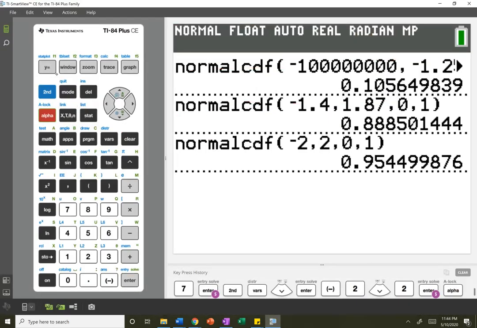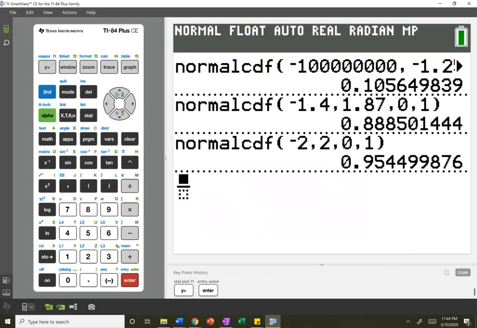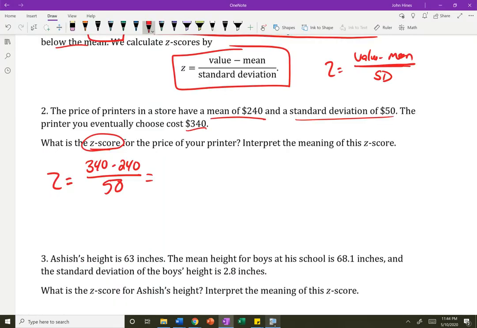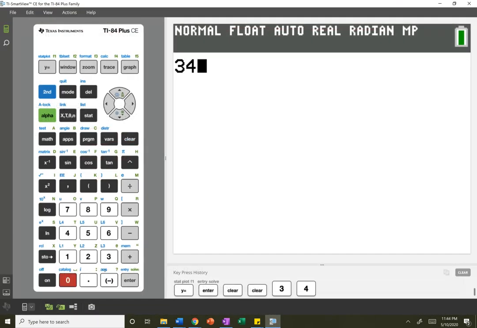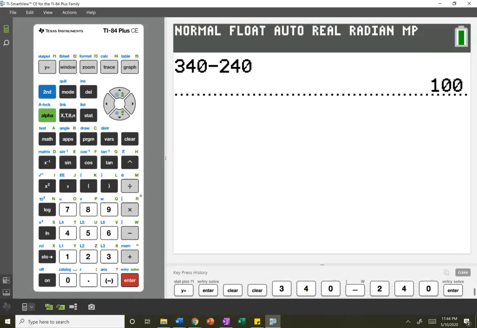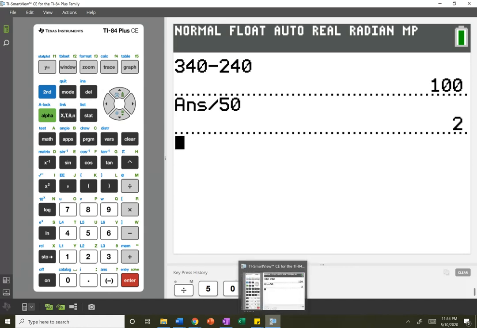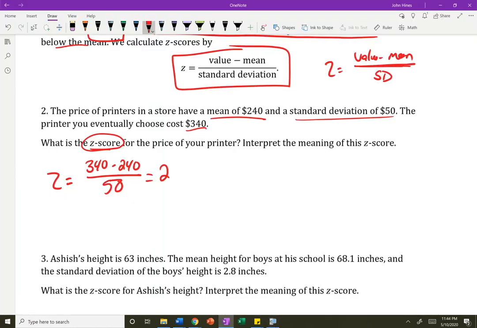Use the fraction button here, folks, or just type it in 2 steps. 340 minus 240. I hope you don't need a calculator for that. Enter, divided by the standard deviation of 50. So I have a z-score of 2. That means my printer cost is 2 standard deviations above the mean. That's what a z-score is telling us.